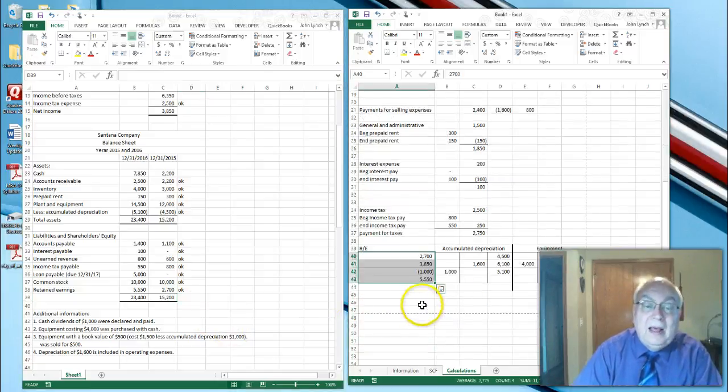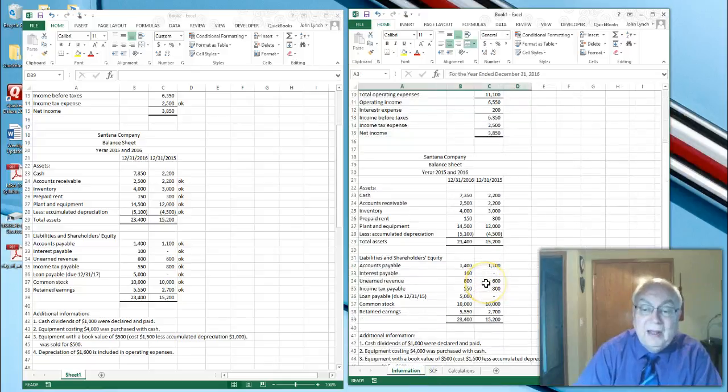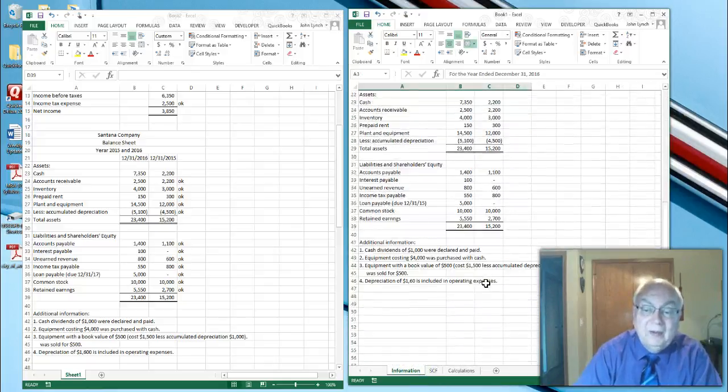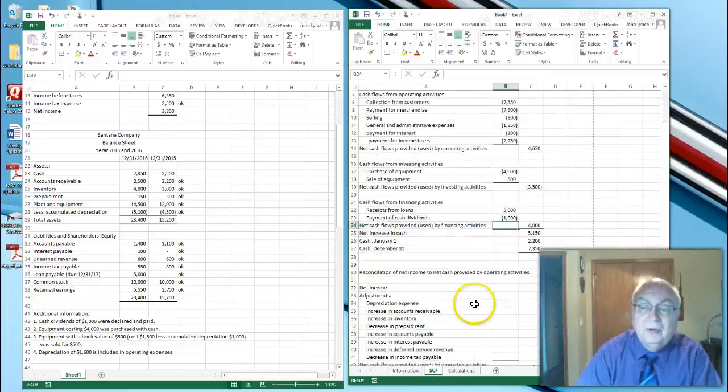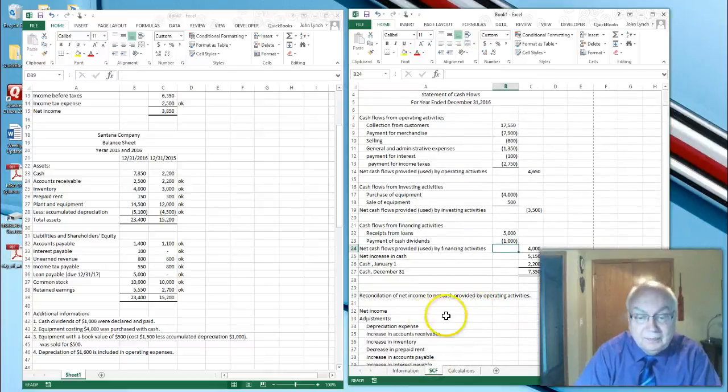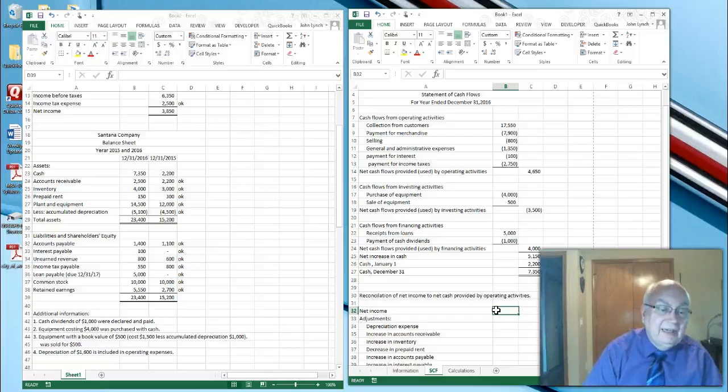Okay, that is the statement of cash flows. Now when you do the direct method, however, you need to go through and make your adjustments. You start with, this is the indirect method in essence.